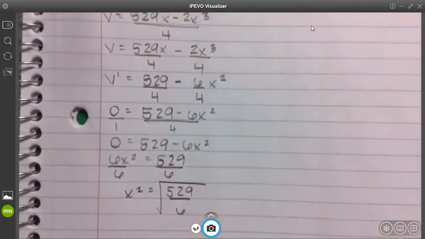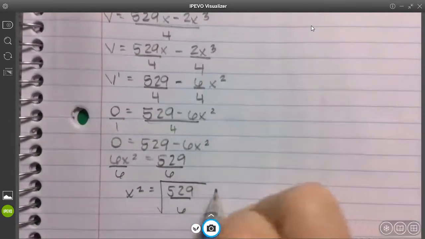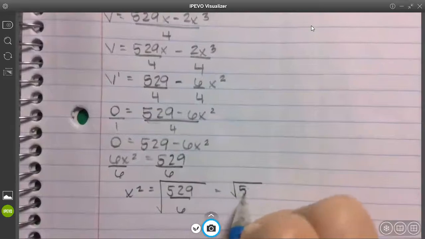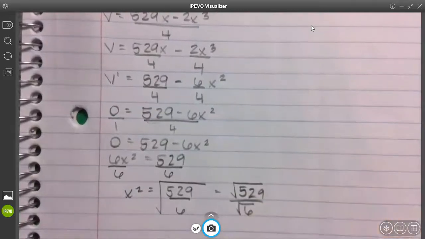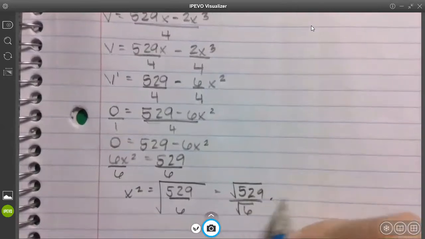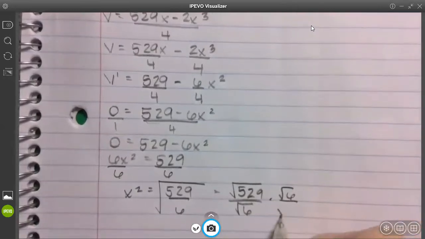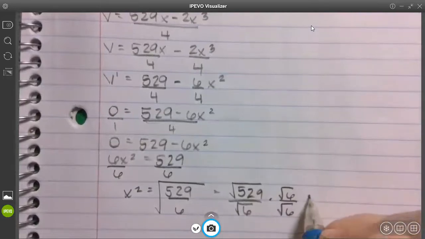We need to get it to look like the paper. So I need to find each square root. When I multiply this together, I need to get that square root of 6 out of the bottom.